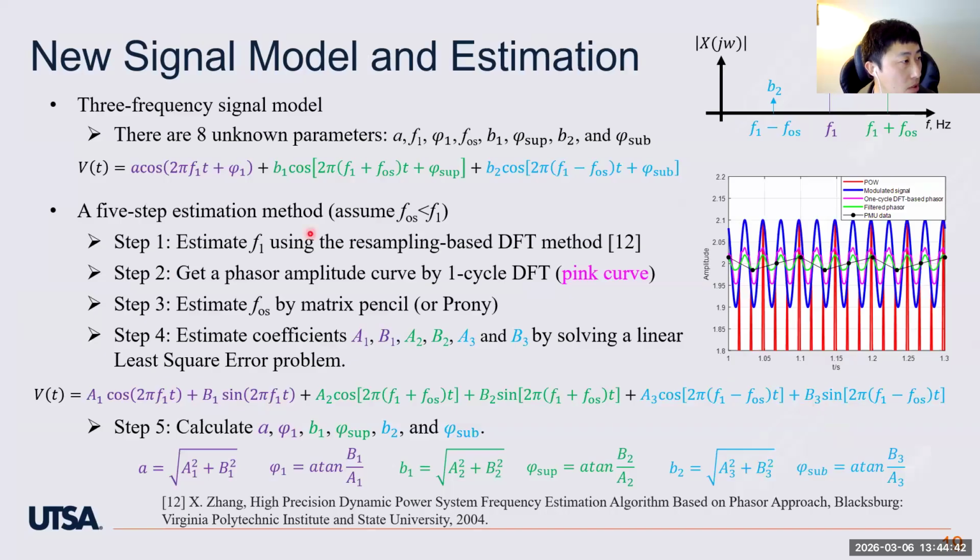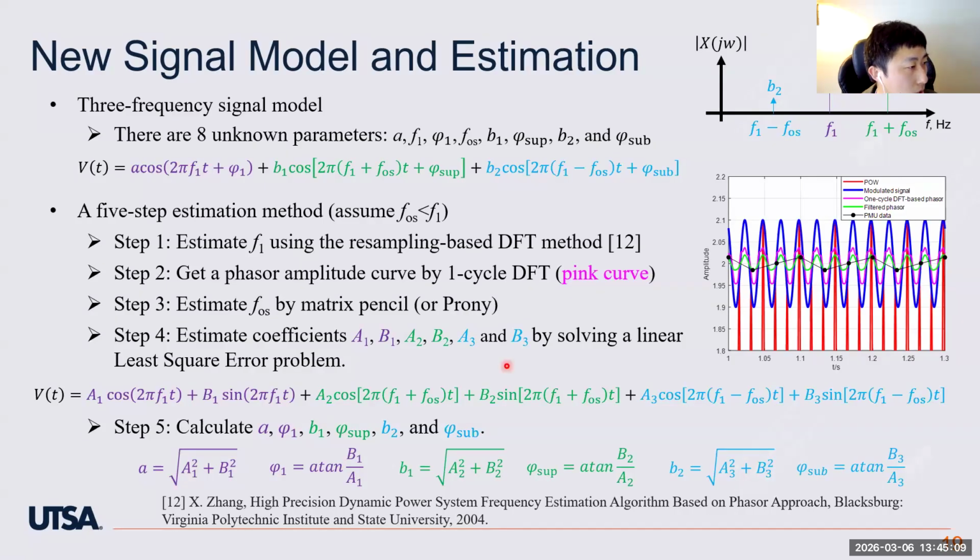Next, we proposed a new signal model to better represent the information in the waveform. We also propose a 5-step estimation method to figure out the 8 parameters in the signal model. I should skip the details, and maybe we can come back to them in the discussion session.